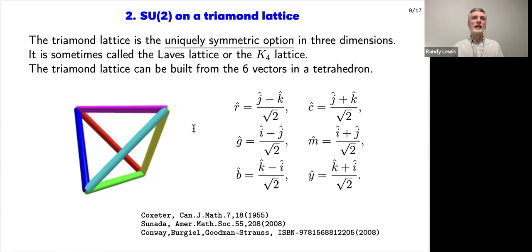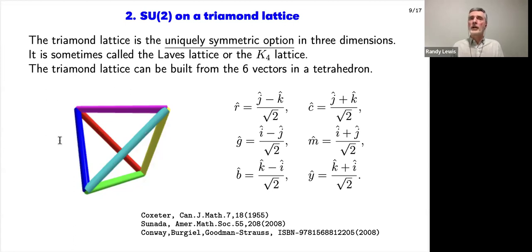And if we use the standard Cartesian coordinate system, where I hat points out of the screen, J hat points to the right, and K hat points up, then red, green, and blue are just the difference of those unit vectors. And cyan, magenta, and yellow are the sums of the unit vectors. So, of course, it's very, very easy to write down those 6 vectors for this tetrahedron.